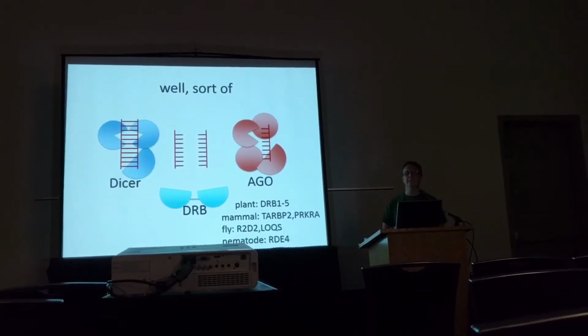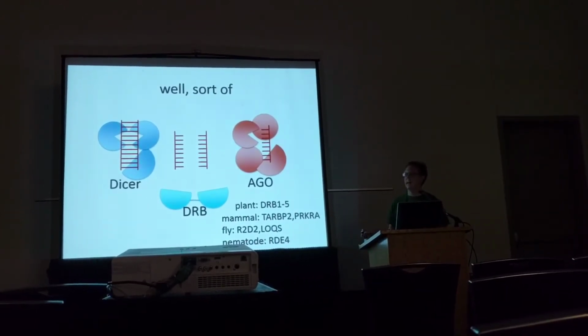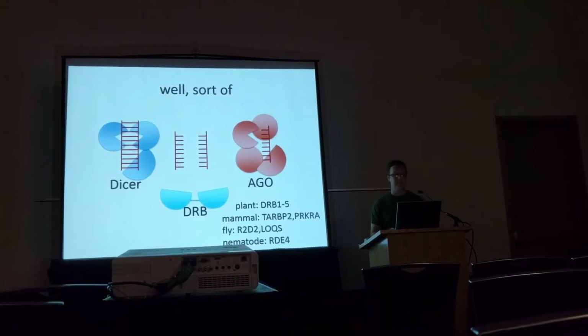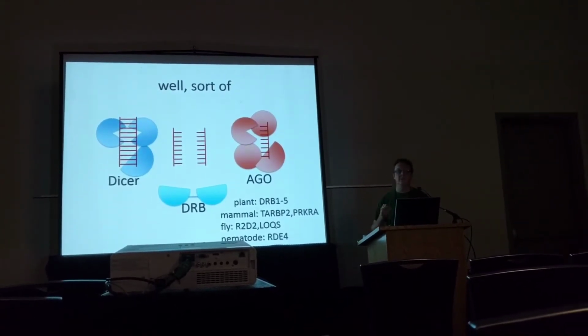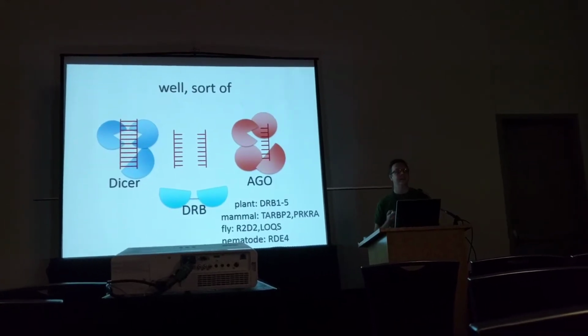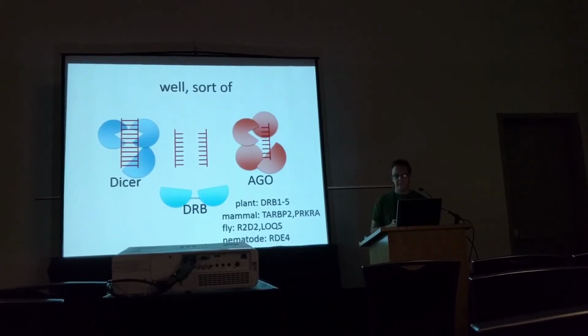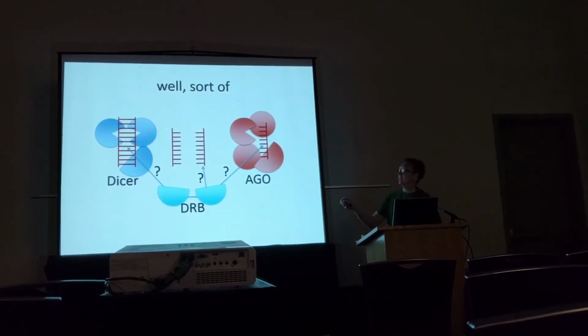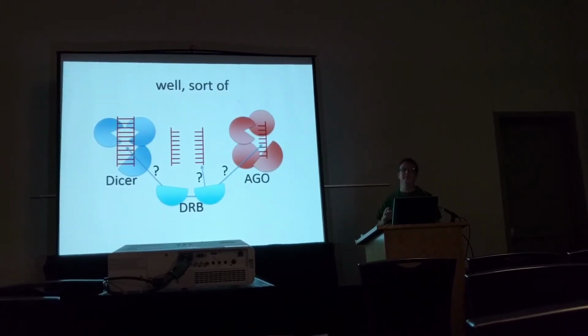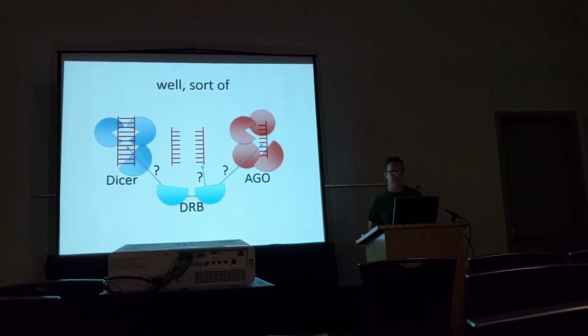Mammals and flies each encode 2, and the nematode has at least 1 functioning DRB. Now, we know that these DRBs are really essential for efficient RNA interference in vivo, but we have a very poor understanding of precisely how DRBs act to facilitate RNAi.